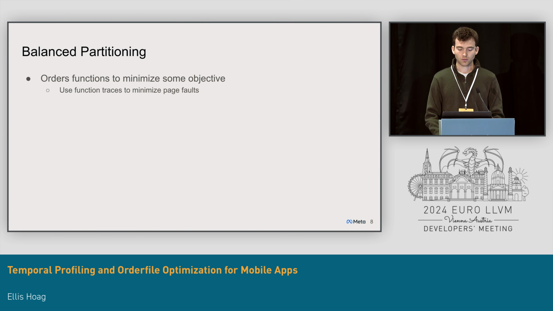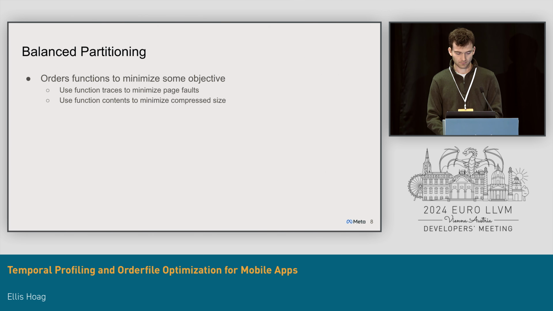Most likely, you'll want to minimize page faults for hot functions, or functions that are used during startup. And you want to reduce the compressed size for your cold functions that might not be used as much.